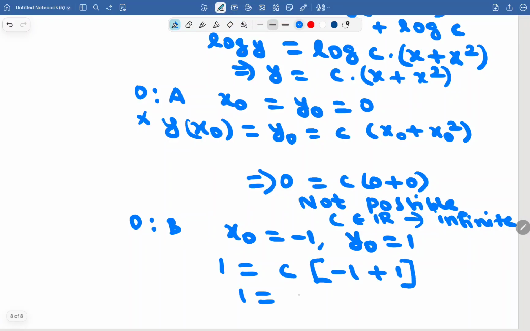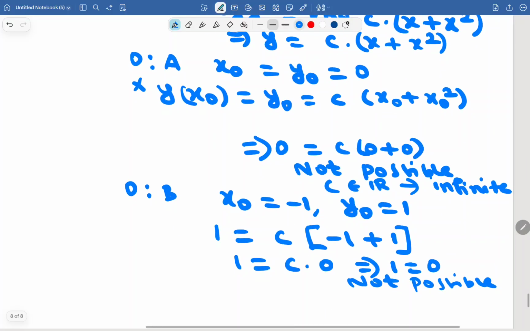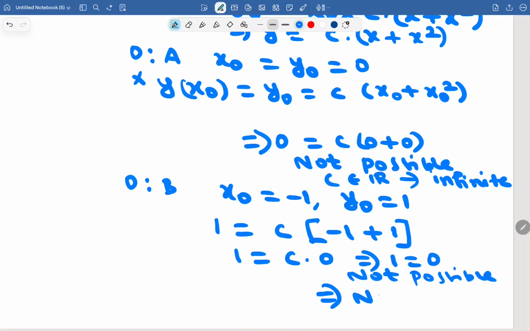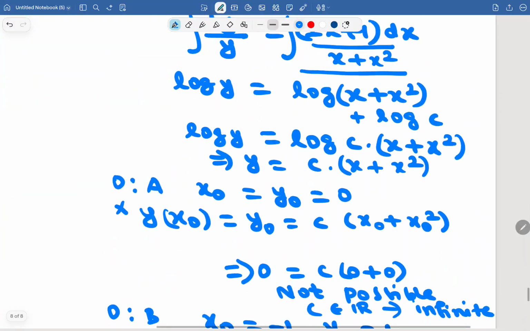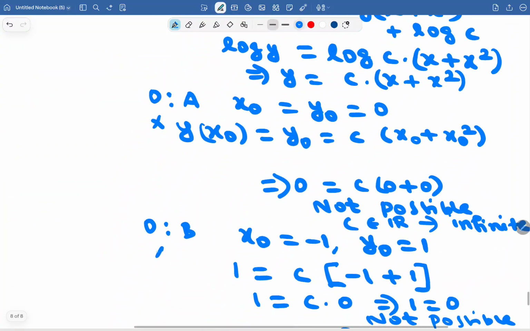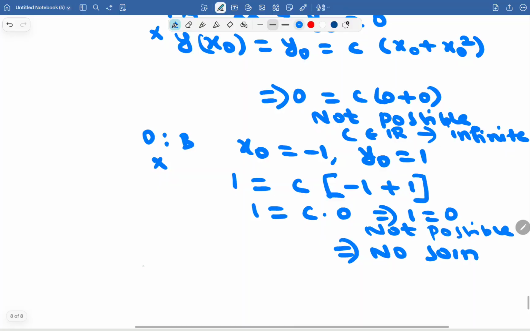This is 1 equal to c into 0, 1 which is equal to 0. Not possible. Not possible means no solution, but we must get a unique solution. Option B is the wrong option. Option C.